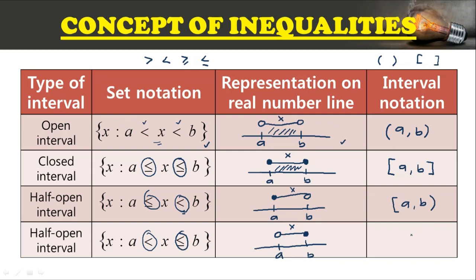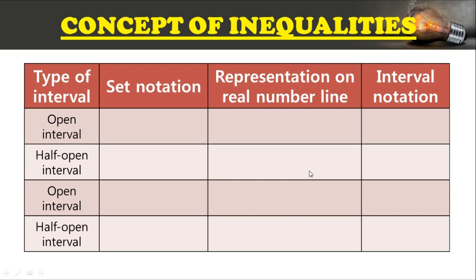Okay, for interval notation, we have A until B also. But for A, since empty circle, kita bracket biasa, open bracket. And then for B, we have square bracket. Now proceed to the next one.